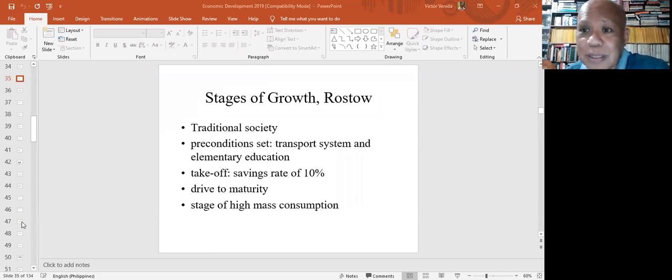That's why there's often a separate category for them. They're called the high income non-industrialized economies. The nature and structure of their economy is not that of a developed economy. There would still be substantial pockets of poverty in many of these countries.